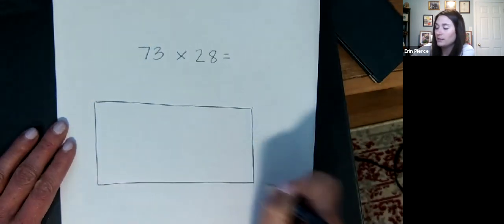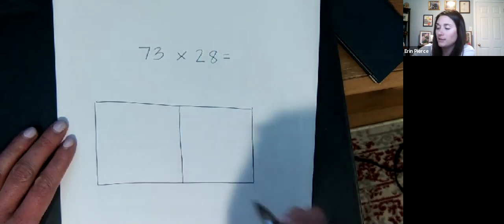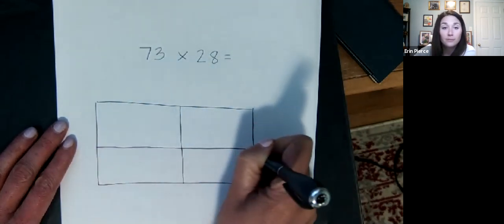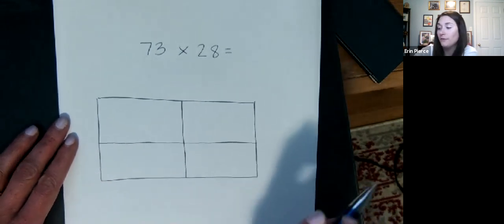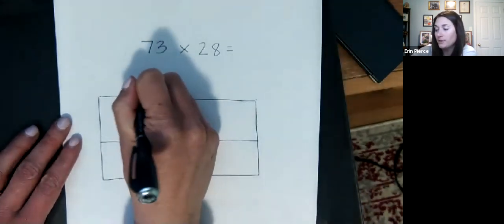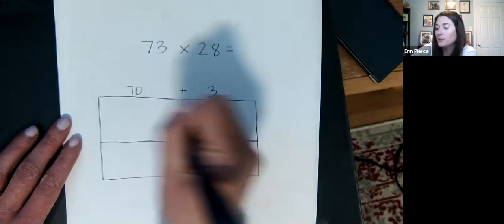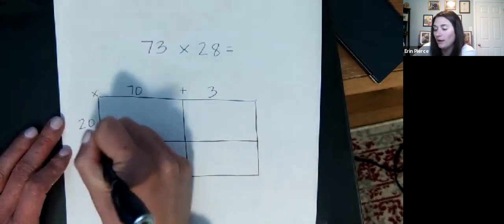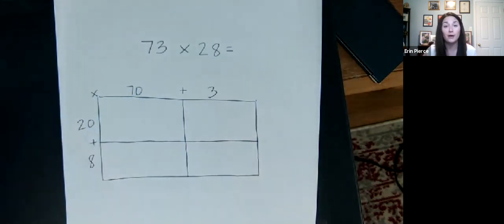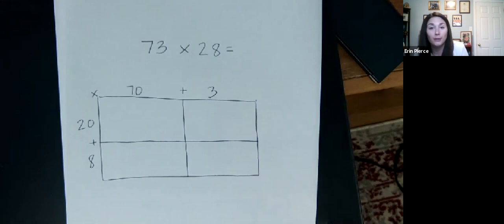The biggest thing that's going to help us is practice, practice, practice on this. So we start off 70 plus 3 times 20 plus 8. All I've done is I've broken those down. I'm going to give you a moment to copy down my box so it looks the same on your paper. And then what I'm going to do is start writing out each multiplication question that I'm going to be solving in each box.